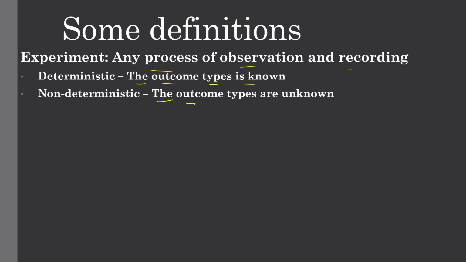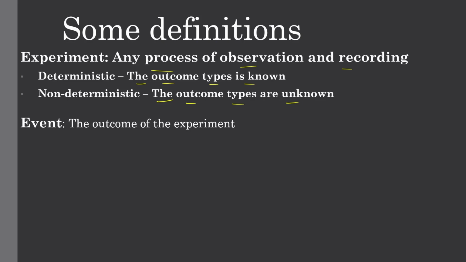Non-deterministic is where the outcome types are unknown. That means you conduct the experiment, and you don't even know what the possible outcomes could be. For any experiment, the outcome is unknown, but if the types of outcome or the possibilities are also unknown, then it is a non-deterministic experiment.